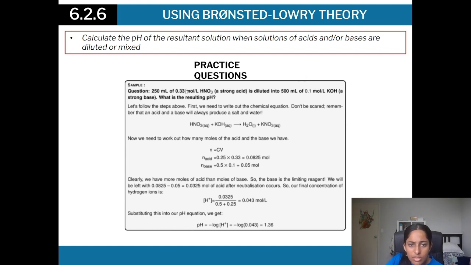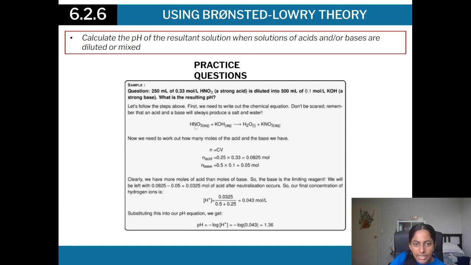The number of moles of acid is 0.25 times 0.33, which is 0.0825. For base, it's 0.05. Everything is in a 1-to-1 molar ratio. Therefore, you just subtract the number of moles of base from the number of moles of acid. So you have 0.0325 moles of acid remaining.